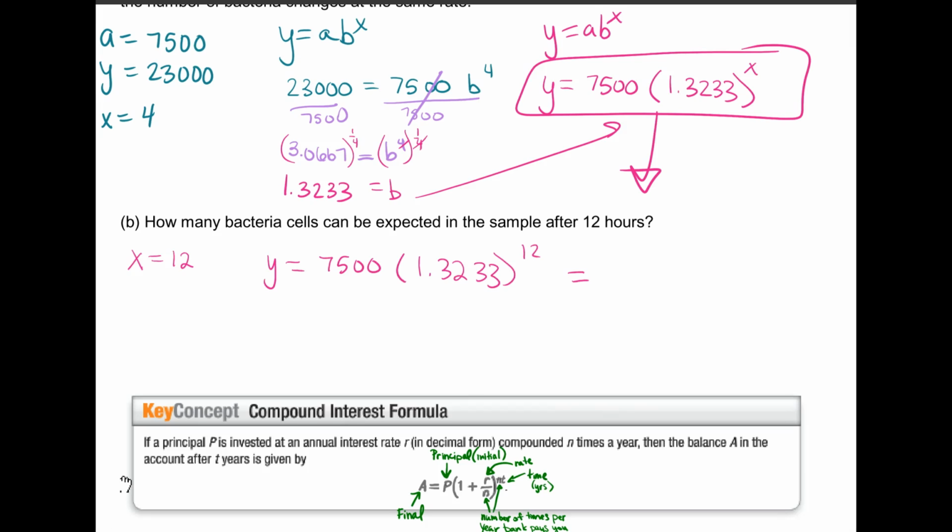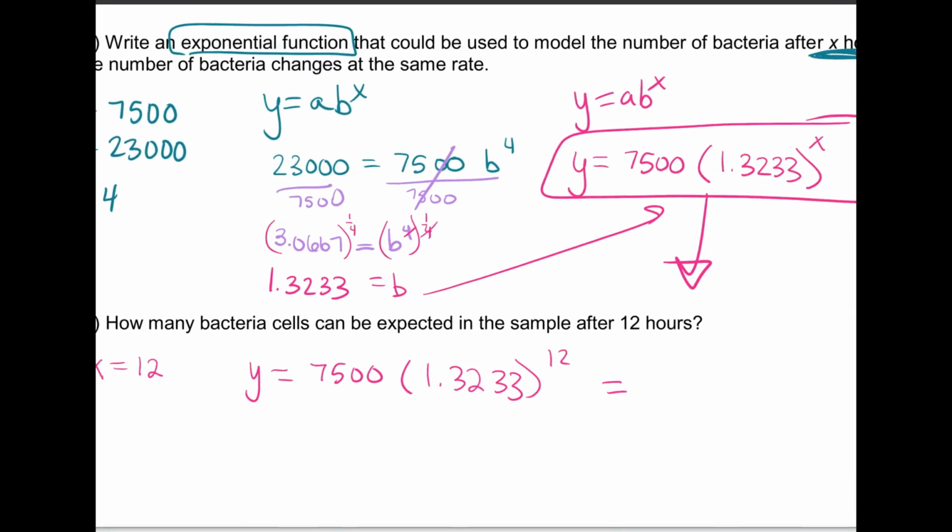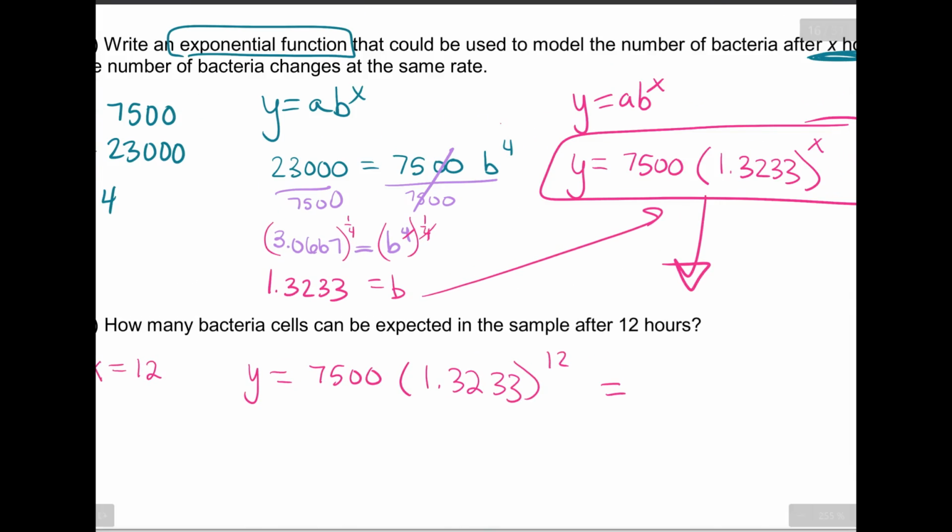Where did the 4 disappear? Originally it was 4 because that was after 4 hours. Having the number of bacteria after 4 hours allowed us to solve for the base, 1.3233. But maybe I want to know how many cells there are after 5 hours, 6 hours, 7 hours. So I need to make a general equation. I solved for my B, found a general equation, and now I can plug in and find the other ones.